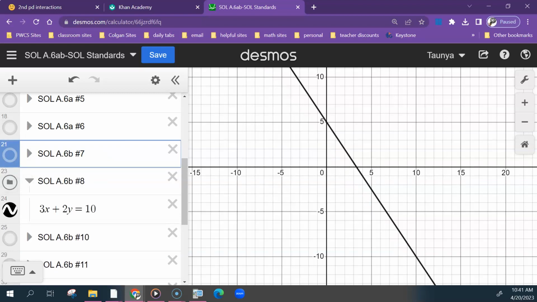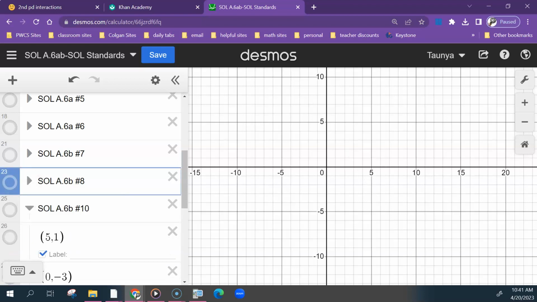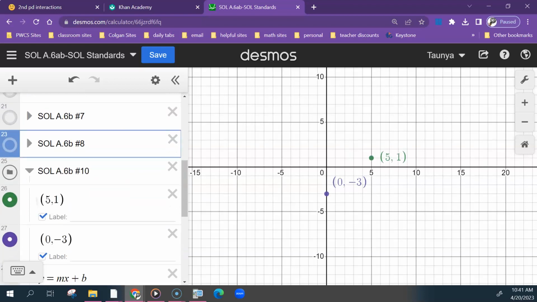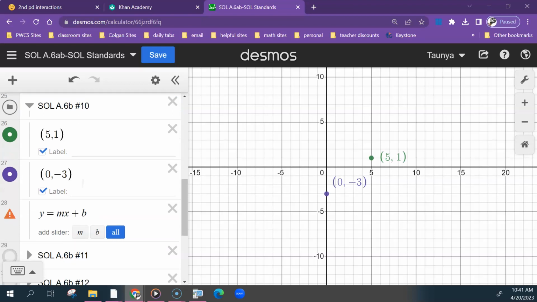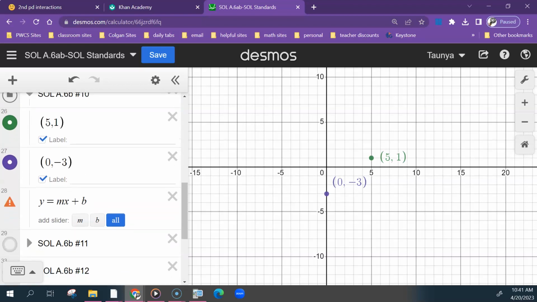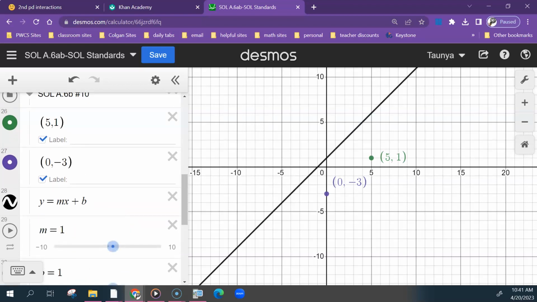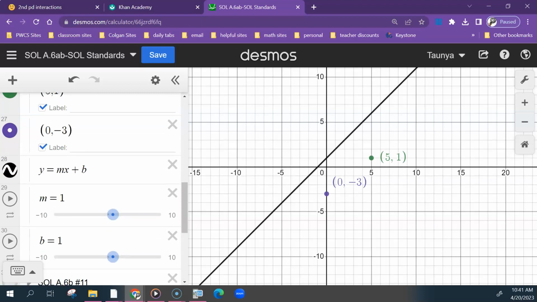I clicked the wrong one the first time. If you have your 2 points on here, and you write in your y equals mx plus b and hit sliders, you know what your y-intercept is, -3.